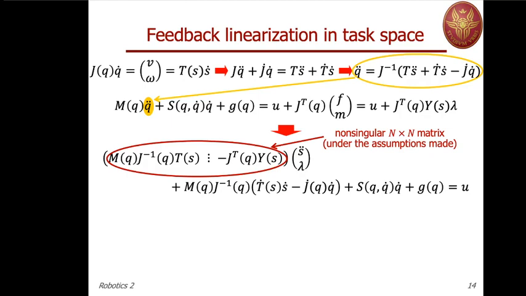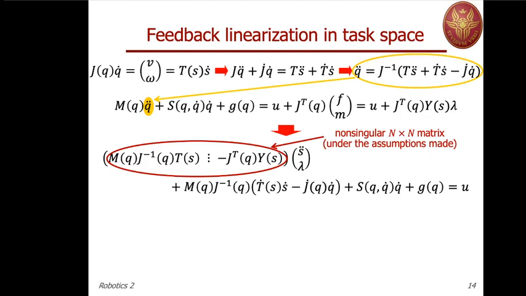And indeed, this 6 by 12 matrix is full row rank, so it has rank 6, multiplied by a 12 by 6 matrix, which has the first 6 rows with the T matrix and a 0, and the second 6 rows with the 0 and the Y matrix.